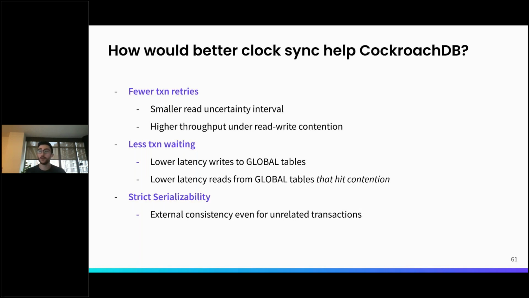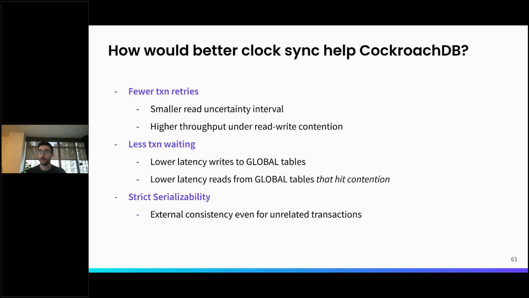In base CockroachDB, and especially when running CockroachDB in only a single region or only a small set of regions, you typically won't use global tables. And so the big area that better clocks would help is that they would lead to smaller read uncertainty intervals for transactions. Smaller read uncertainty intervals mean higher throughput under read-write contention. Fewer transactions would retry.